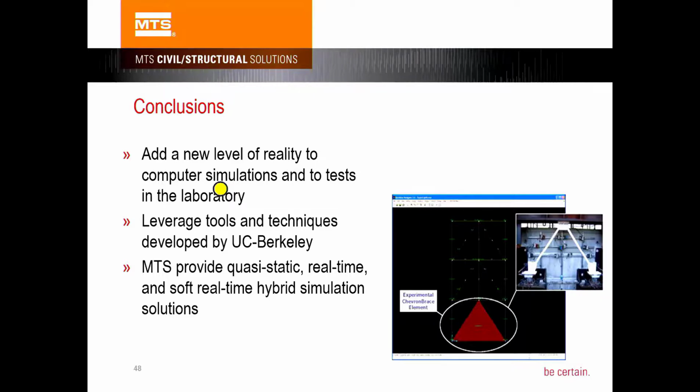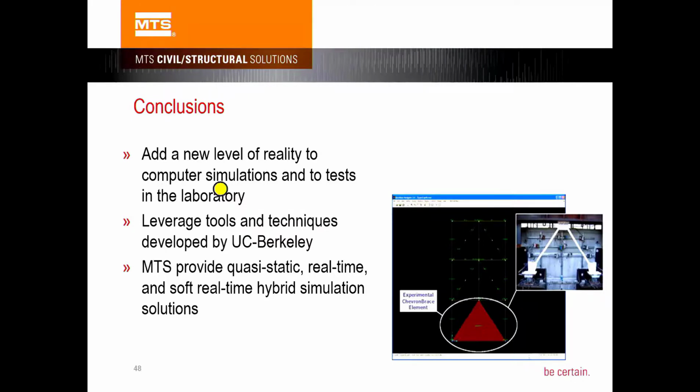MTS has been in this area for close to 20 years, and we work closely with the leaders like UC Berkeley, Tongji University, and other universities. We have our solutions: quasi-static hybrid simulation, real-time hybrid simulation, and soft real-time hybrid simulation.